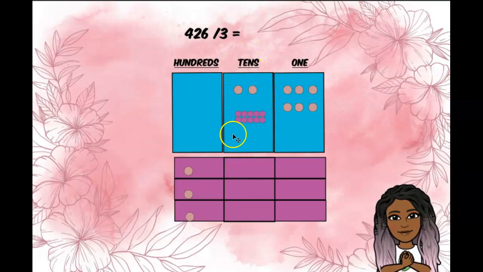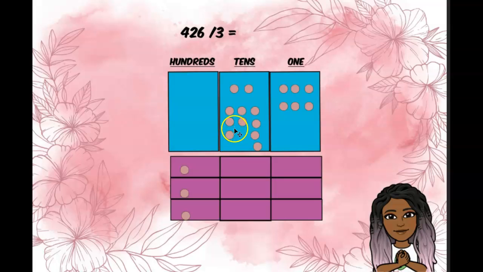I have 12 tens, and I'm going to break that into 3 equal groups. All right, scholars, let's break down these tens. Looks like we might need just one more. Okay, so now we have 10 tens.